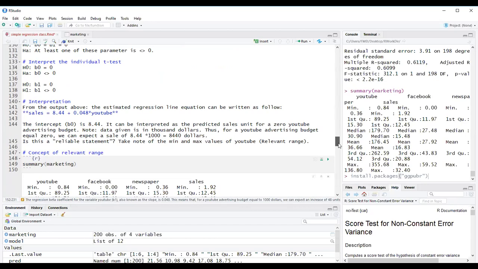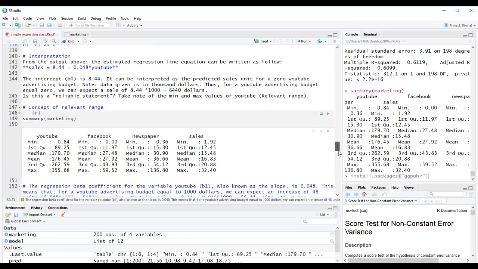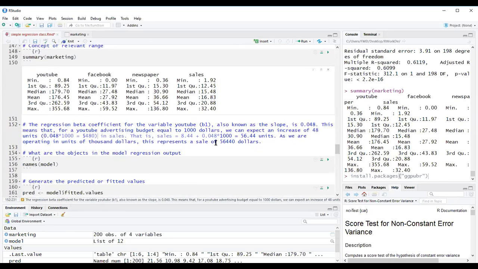Okay, so thus, sabi ko dito, for a YouTube advertising budget equal to 0, so babalik tayo dito kanina, no? Kasi pag 0 daw yung YouTube, ang sales natin will be 8.44, or if you multiply that by 1,000, it will be $8,440. Okay. Sorry, ito pala.